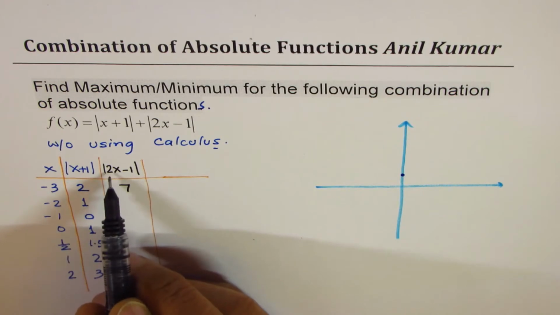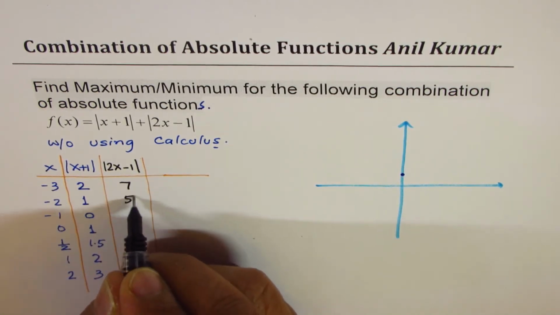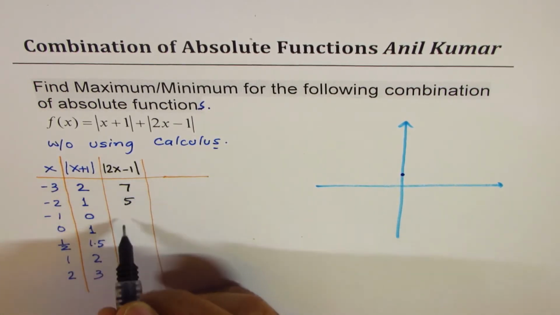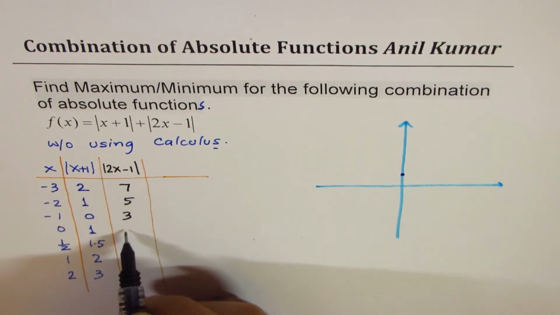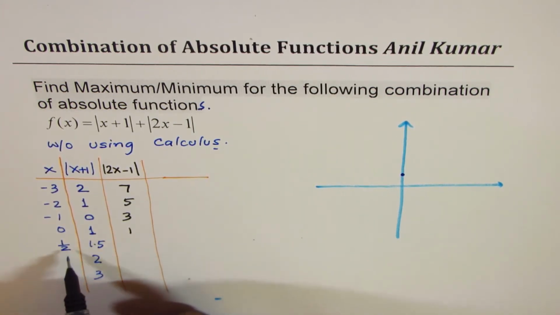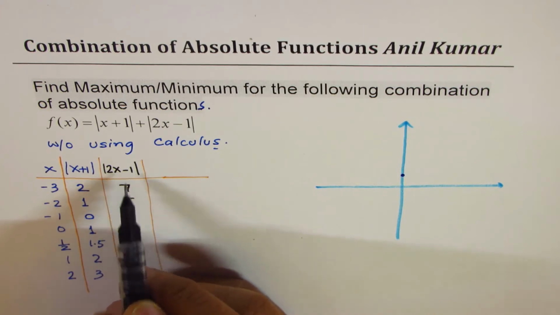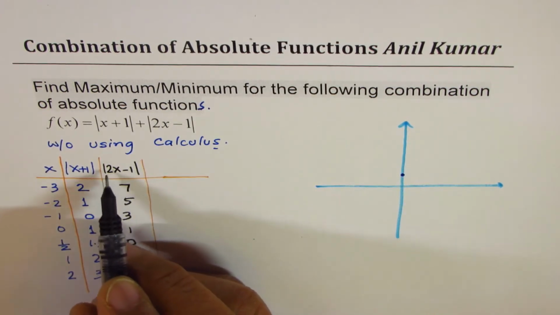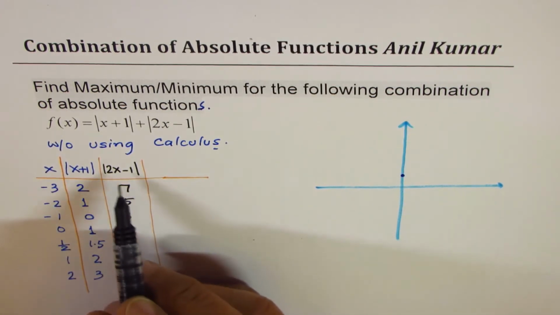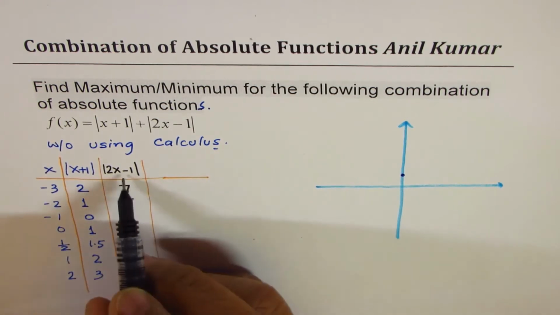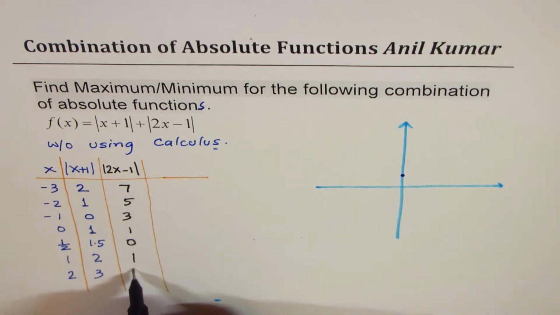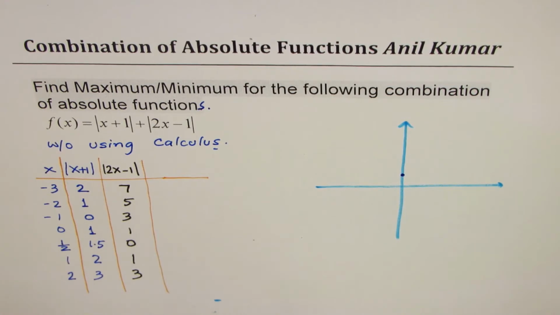For minus 2, it is minus 4, minus 5 makes it 5. So you just plug in the values. Minus 1 gives me 3, 0 will give me 1, and 0.5 will give us 0. For 1, 2 minus 1 gives me 1, and for 2 it gives me 4 minus 1, which is 3. So these are our values.